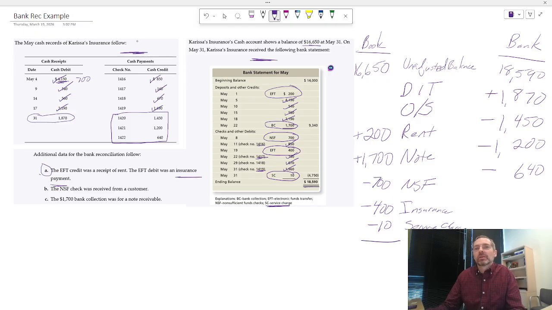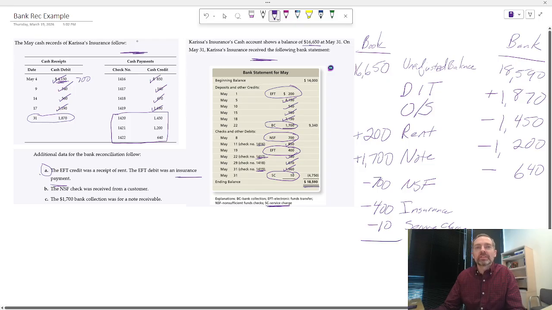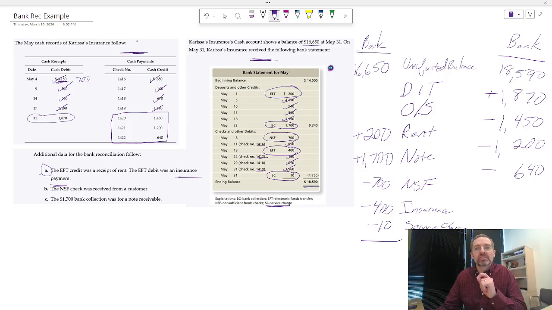Okay, so we have all of the differences. And now we should be able to get to the true amount of cash. And these numbers should match because now we have on the book side everything that we didn't know about until we got to the bank statement.